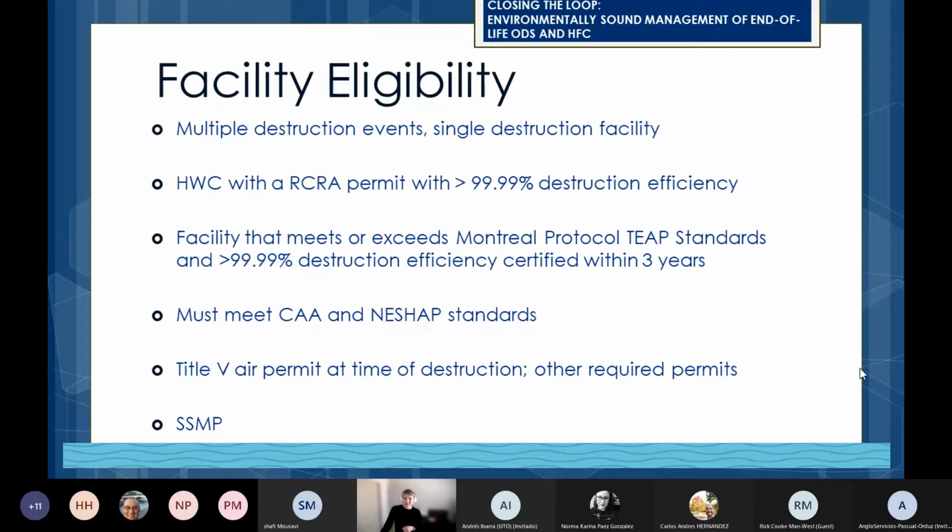In the United States, a facility would need to have a certain type of permit called a RCRA permit. The facility would need to meet US Clean Air Act and other standards and hold certain types of permits. So these are just example criteria that would need to be met by the destruction facility.